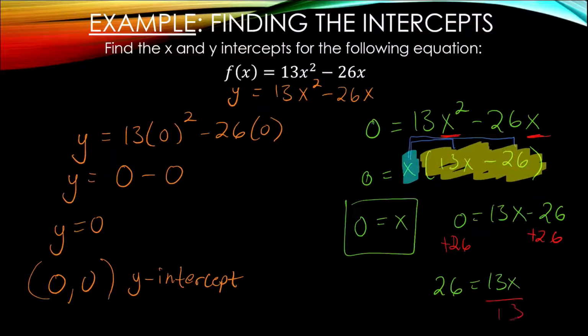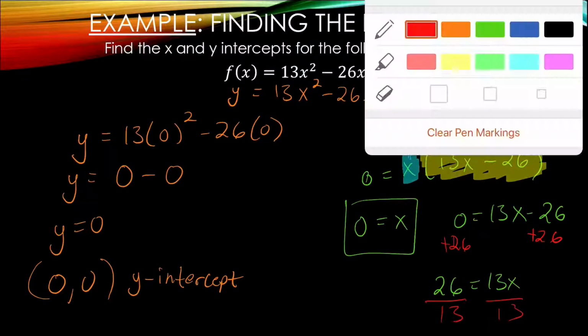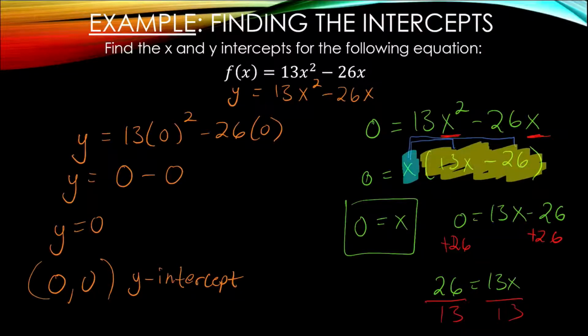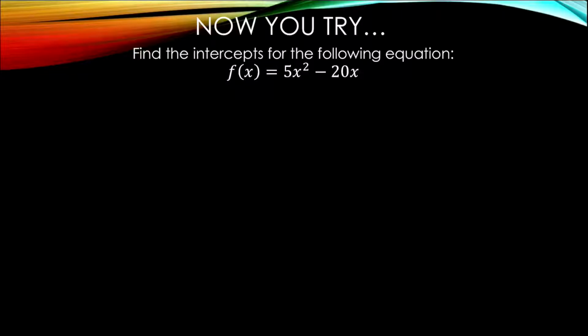We're going to divide both sides by 13. We get 2 equals x. Okay, so if you have any questions about that, please come and check with me, alright? Alright, let's move on. Now I want you to try to find the intercepts of the following equation.